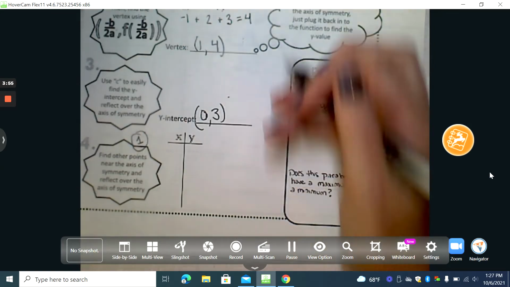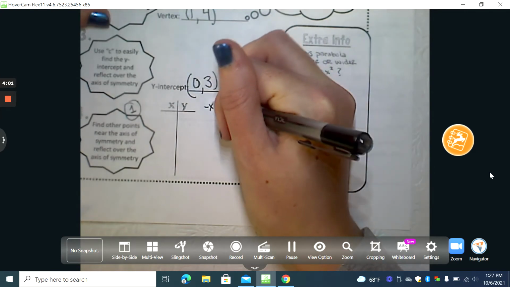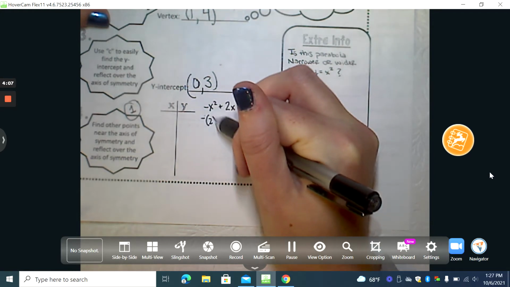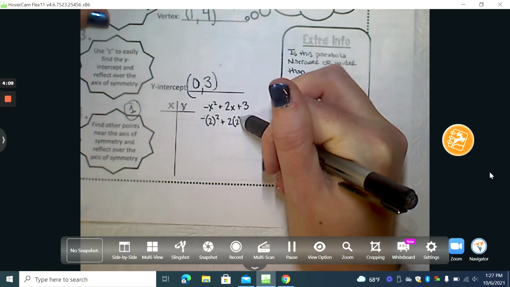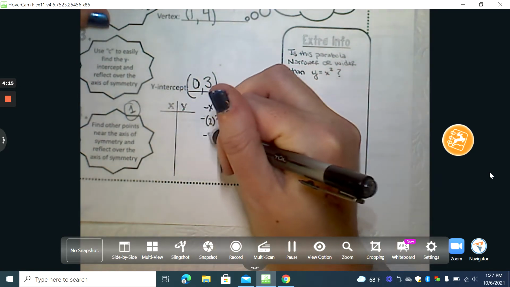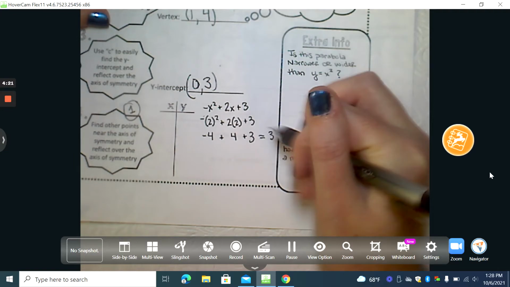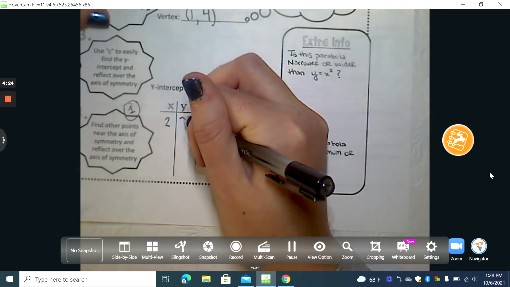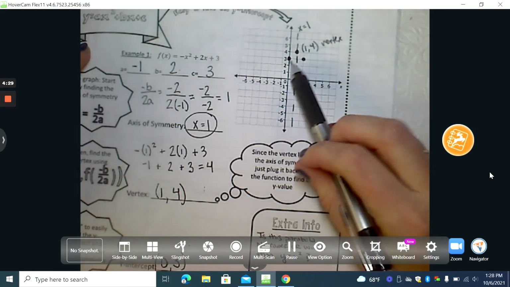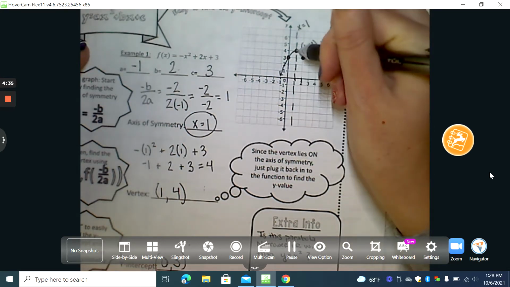So -2 squared plus 2 times 2 plus 3, what does that give me? Well, I'd have -4 plus 4 plus 3, which ends up equaling 3. So if I have an x value of 2, my y value is 3, and therefore I would have this point right here, which is a perfect reflection, and that can start me on the shape of my parabola.